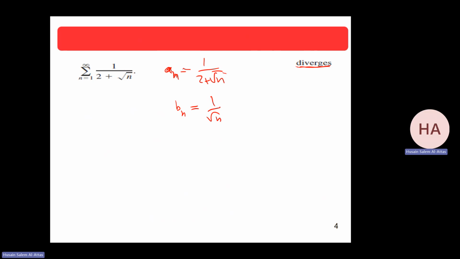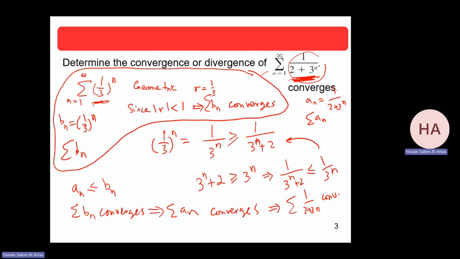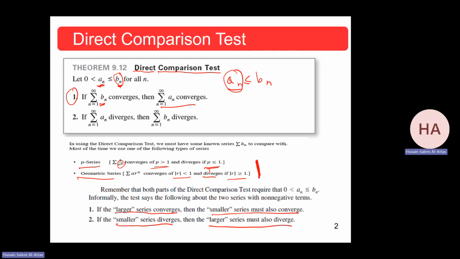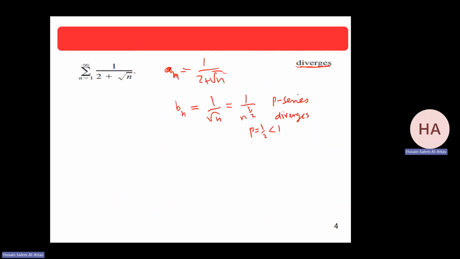Okay. And this is, I know, 1 over n to the power half, which is a p series, diverges, since p equal half is less than 1. We know for a p series, 1 over n to the power p, if p is less than or equal to 1, then it diverges.